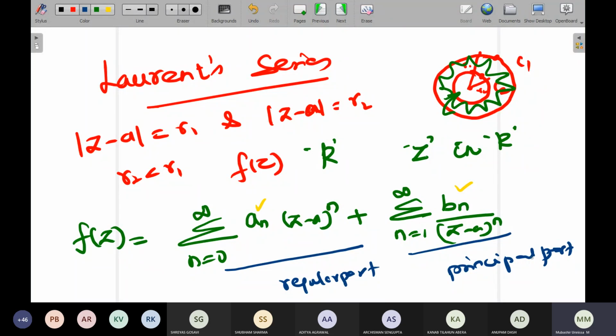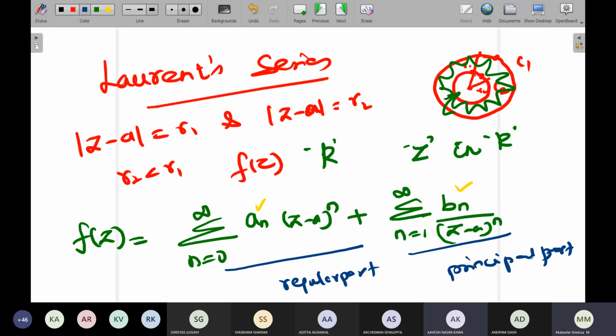What is the advantage of the analytic function? Go back to the definition of the analytic function. They're differentiable. That's it, the function is differentiable. What does differentiable ultimately mean? The derivative exists.